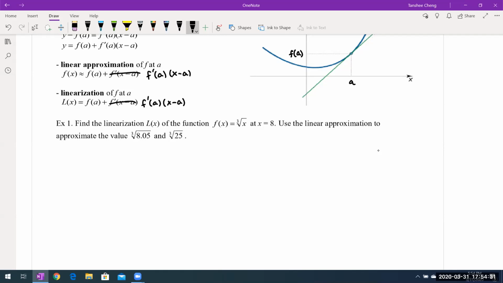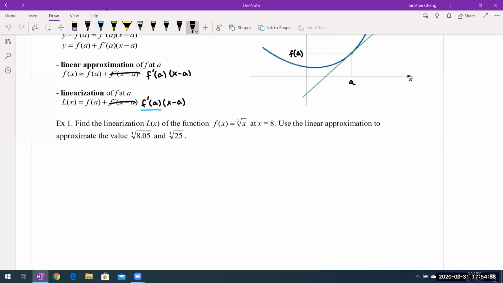To find the linearization function, what is the key thing that we need? We need the derivative of the function evaluated at that particular point, because that refers to the slope of the tangent line at that point. Remember, the linearization function is a fancy name for the equation of the tangent line.